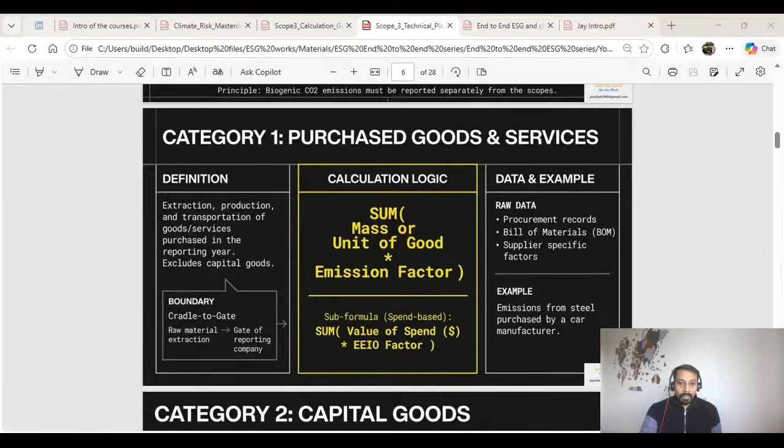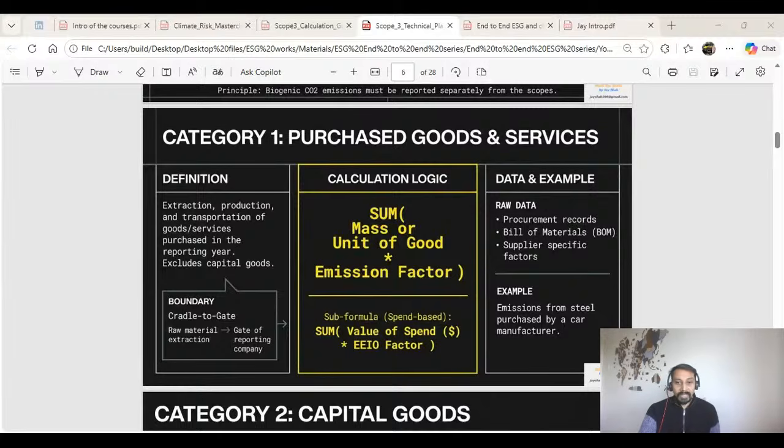For category 1, this is usually the largest upstream category for most companies. It includes emissions, as I mentioned, from extracting raw materials, manufacturing products, and transporting them up to your supplier's gate. Anything you buy, I mentioned the various gas and fossil fuel products, but if you buy steel, chemicals, IT equipment, even professional services, that sits under this particular category.